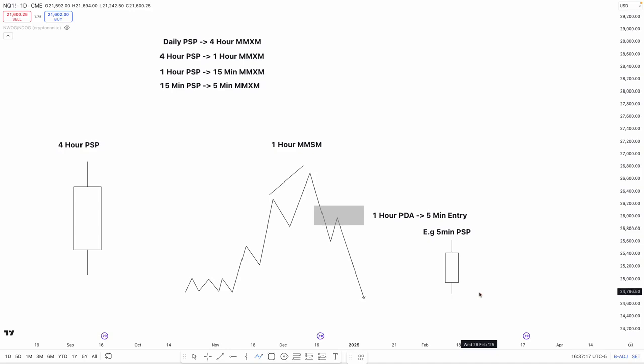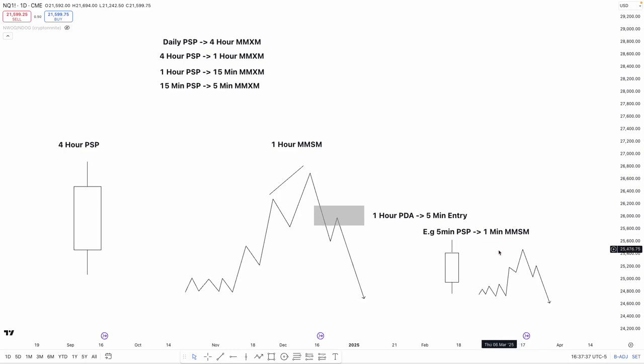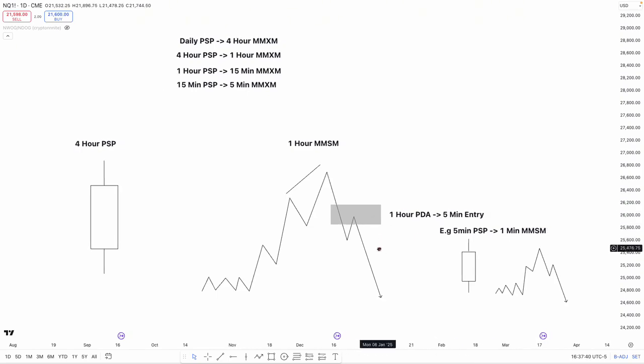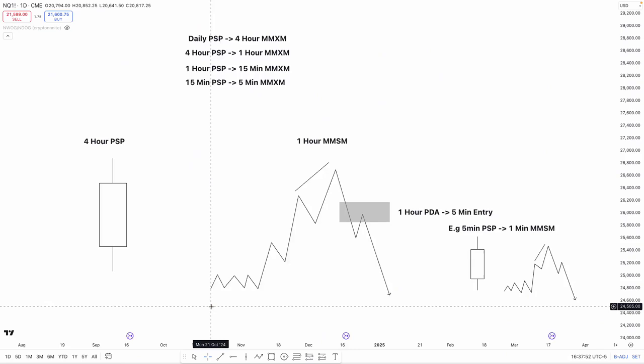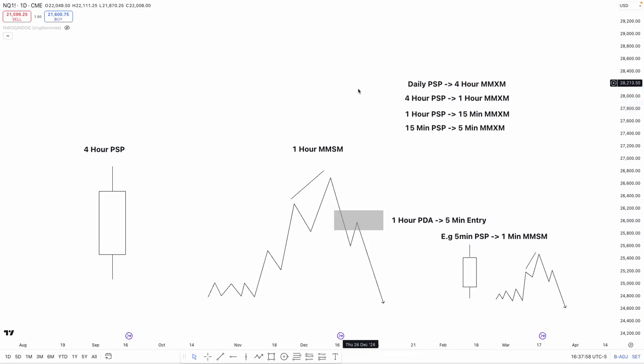So then on the 1-minute time frame, you can look for a market maker model. Or in this example, a market maker sell model within this 1-hour PD array, which is within the 4-hour precision swing point. So you can see how every single thing is fractal, and how it all works like gears in a system.